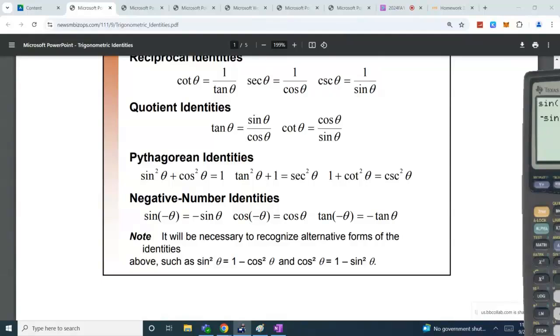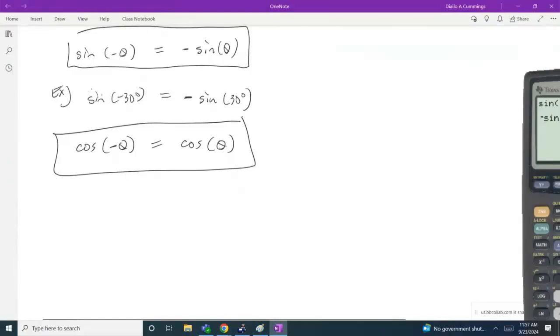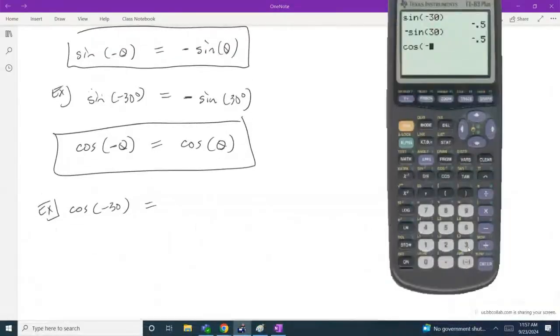But just to show this on the calculator, the cosine of negative 30 degrees is 0.866. That's the same thing as the cosine of positive 30 degrees. If I put in the cosine of positive 30 degrees, notice I get the same exact number value.